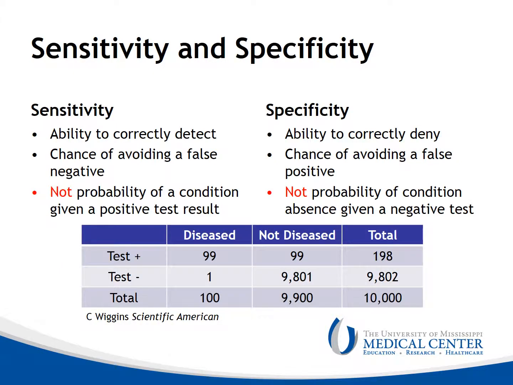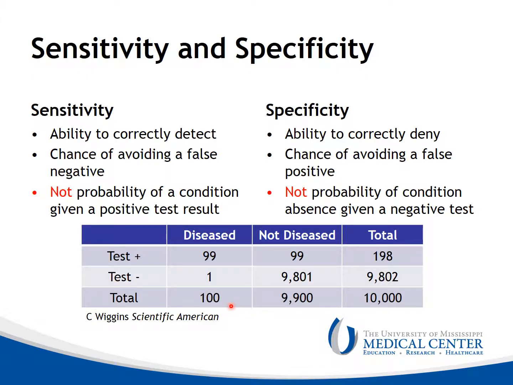He says, suppose that you have a population of 10,000 patients, and then you have a disease that only exists in 1% of the population. So out of 10,000, there are only 100 diseased individuals, and 9,900 are not diseased.